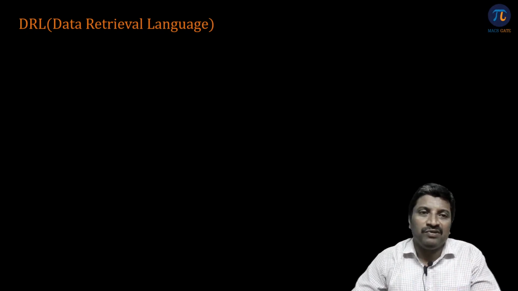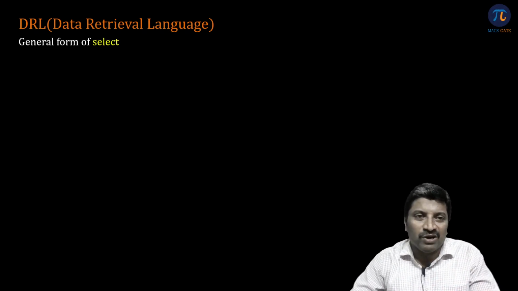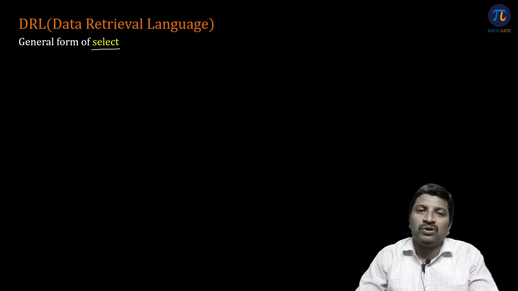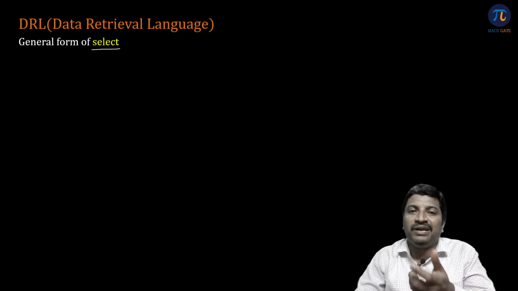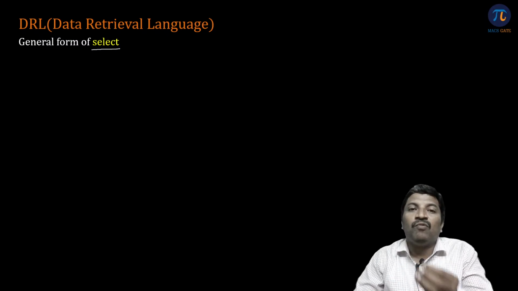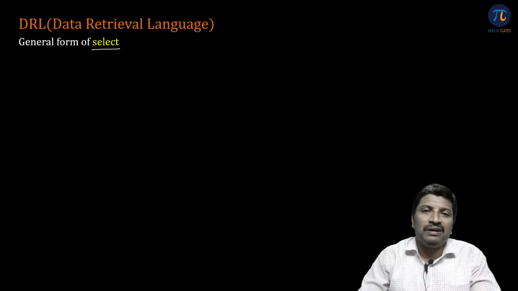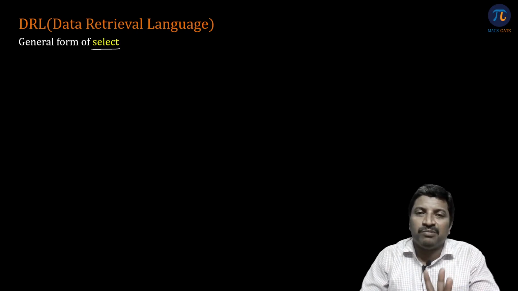Data Retrieval Language. The main command, or one and only command, is select. I want to select the information from a relation. Then what information do you want? First of all, let us see the general form of a select.